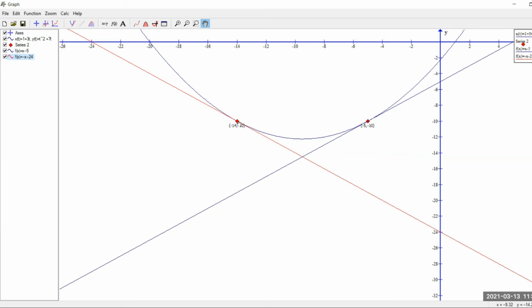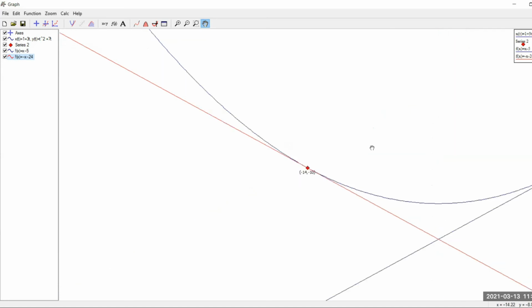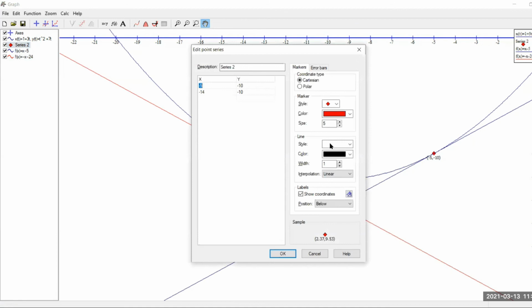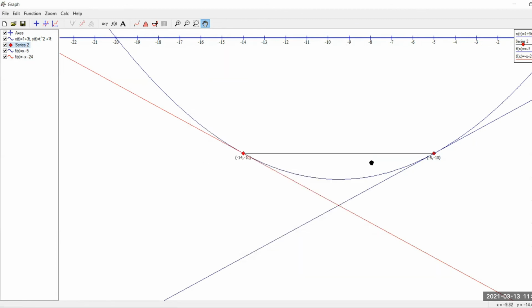Then what they're asking us to do is to find the area of this triangle. So if we draw a line connecting these 2 points, you get the triangle. Then we're really finding the area of this triangle right here.